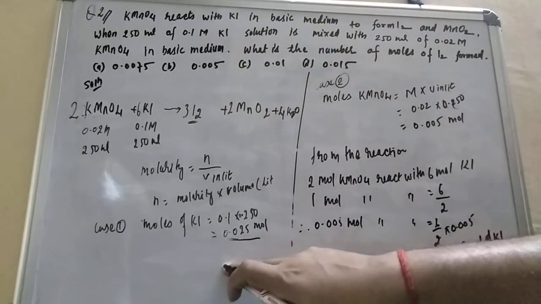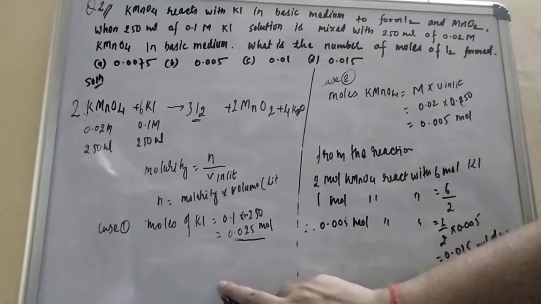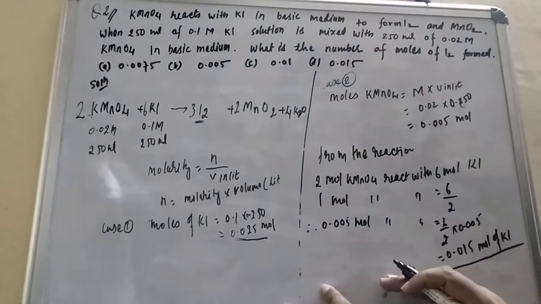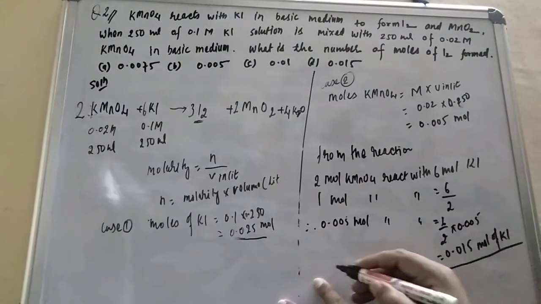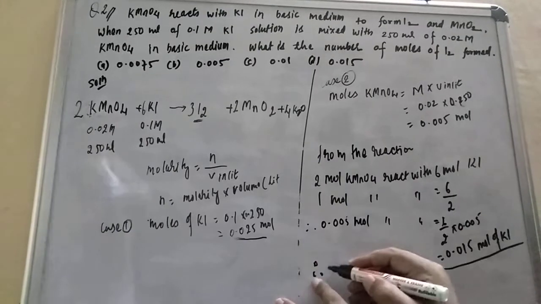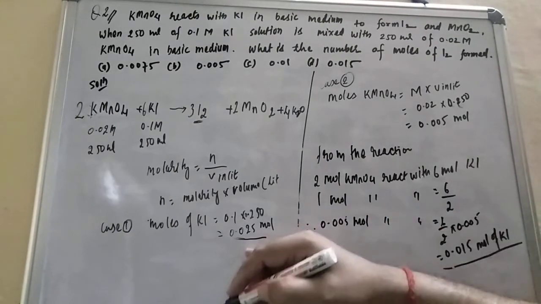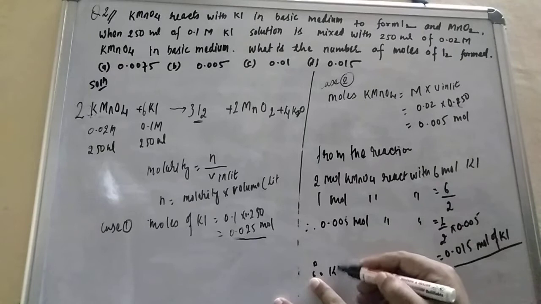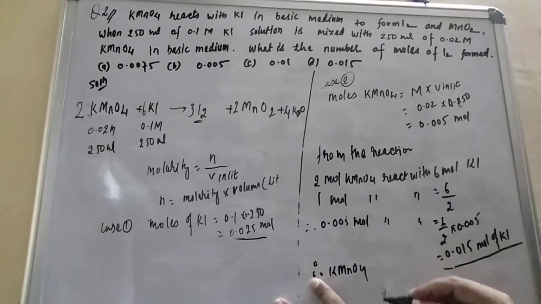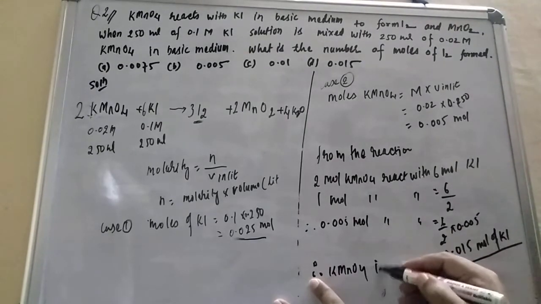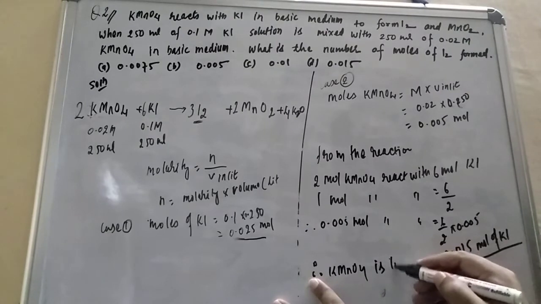So this KMnO4 will be the limiting reagent, because it is less than the KI. Therefore, KMnO4 is the limiting reagent.